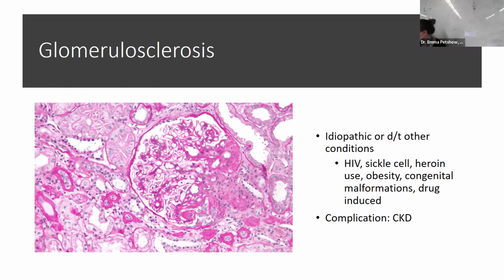They might ask, your patient has chronic kidney disease, and they have a history of heroin use and obesity, and they're noticing fatty casts in the urine. What do you suspect? They might list nephritic syndrome, nephrotic syndrome, glomerulosclerosis specifically, and Goodpasture's, whatever.